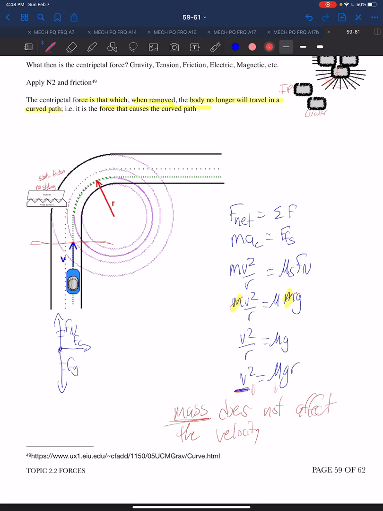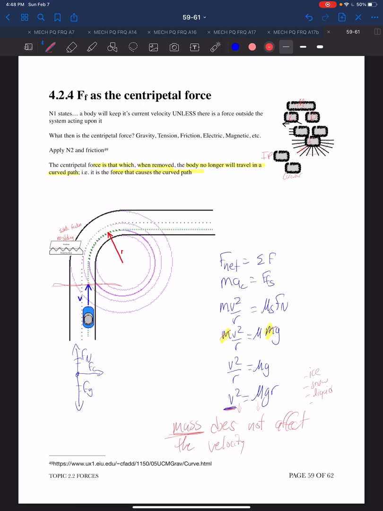And things that reduce the friction are ice, of course, and snow, and anything liquid. We've already talked about that with the liquids and tire treads and the effect that those have on hydroplaning and so forth. But we have to also reduce our speed. And that is force of friction as a centripetal force.